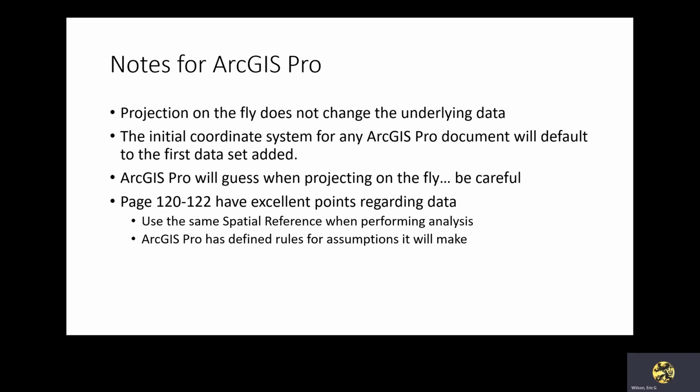With the first data loaded, that becomes the coordinate system for the map, and that defines the datum and the spheroid. All those things that make up the spatial reference are assigned by that first layer that's loaded, and everything else kind of piles on top of that. It'll also do different things regarding how it processes that data as well. So take a look at pages 120 to 122.